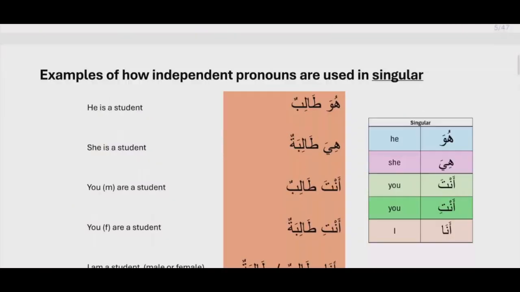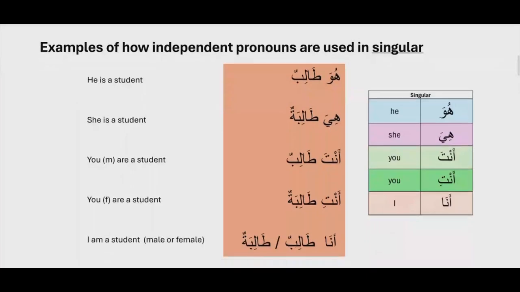Okay, as examples of how these pronouns are used, you normally say he is a student: huwa, and then you add your word for student. If you're referring to a female student where you're saying she, notice you're using talibatun here. Let's change the color there. All right, so here hiya and talibatun.